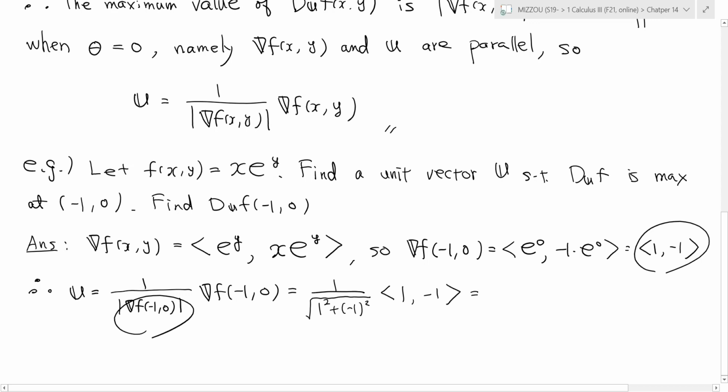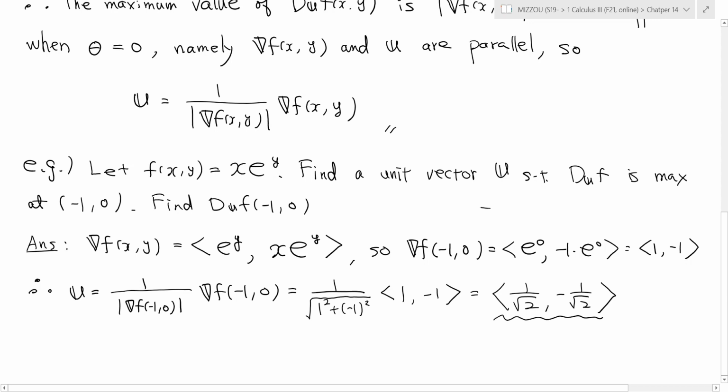And this is computed as 1 over root 2, -1 over root 2. So that's the direction where the directional derivative is maximum. So that's the answer for the first part, the unit vector u.